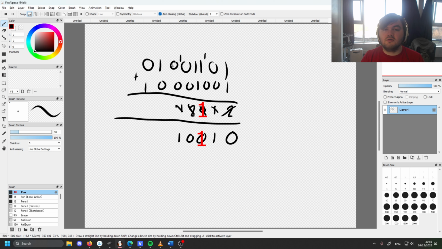The sixth column is 0 plus 0 with no carry, so we just write down 0. The seventh column is 1 plus 0 without a carry, so we just write 1. And likewise, the eighth column is 0 plus 1 without a carry, so we just write 1. So in the end, we end up with the number 1101 0110, which is 214 in decimal.